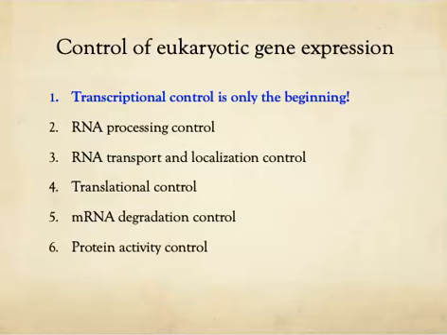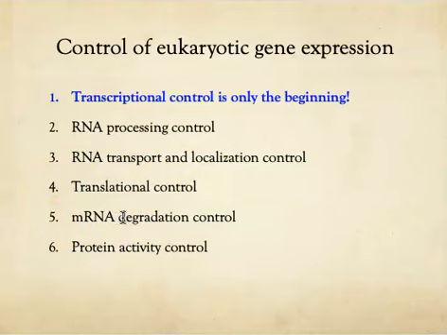But there are lots of other things that have to happen before you get an active protein. In a eukaryotic organism, the RNA has to be processed. It then has to be transported out of the nucleus so that it can be translated. And it's going to be translated only as long as it's not degraded.